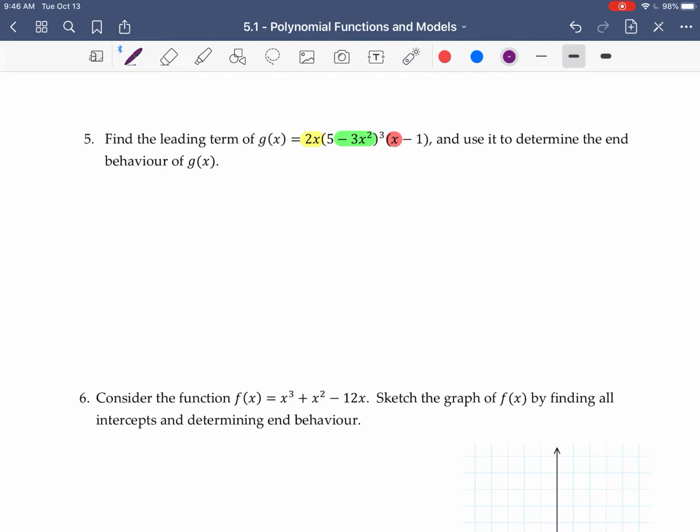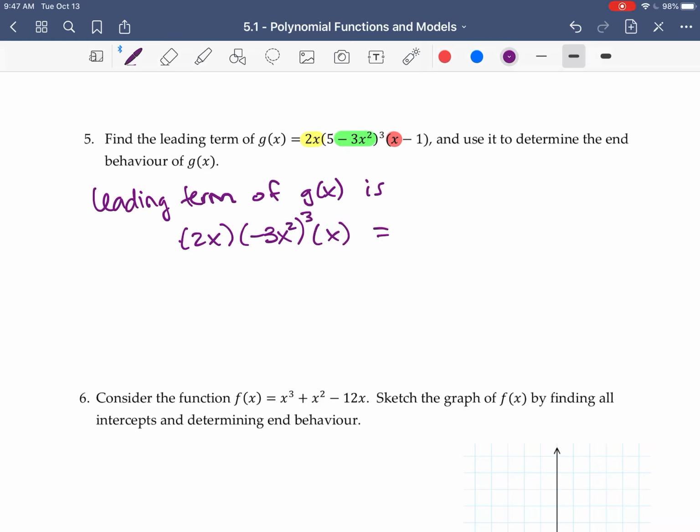So the leading term of g of x is 2x times negative 3x squared cubed times x. That is 2x times negative 3 cubed x squared cubed, times x.